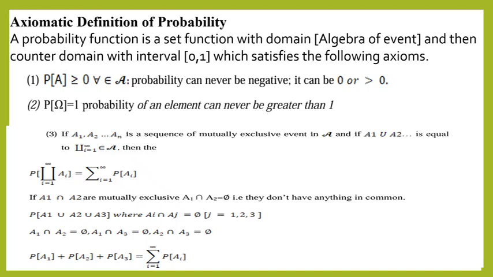That is, the probability of the union of disjoint events equals the sum of their individual probabilities.